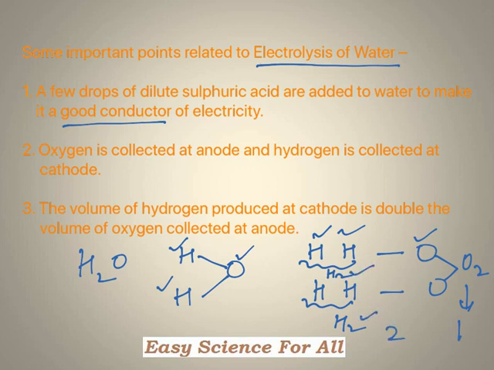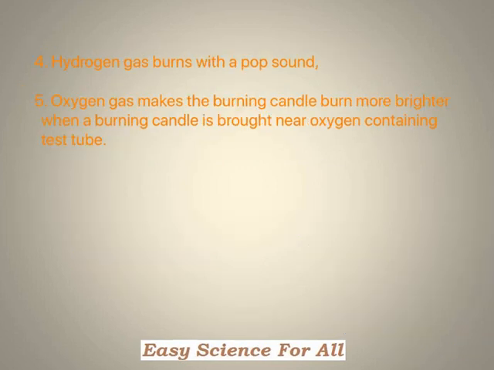So in this manner we can justify that the volume of hydrogen produced at the cathode is double the volume of oxygen collected at the anode.